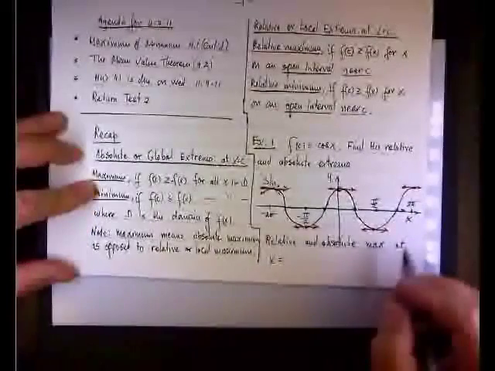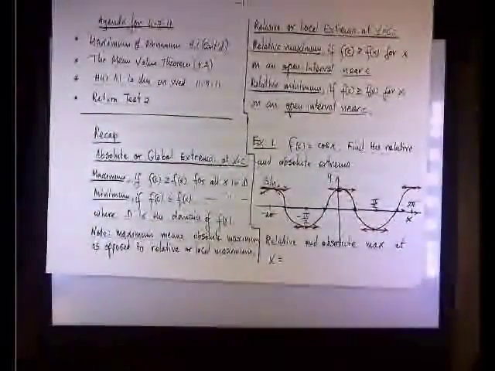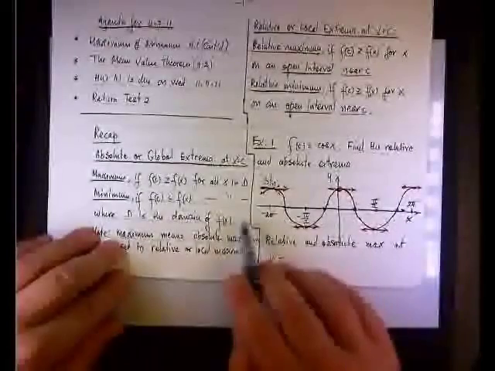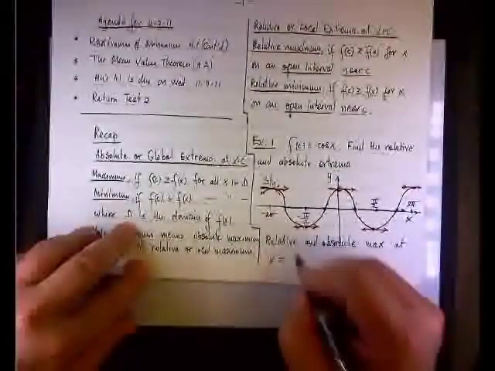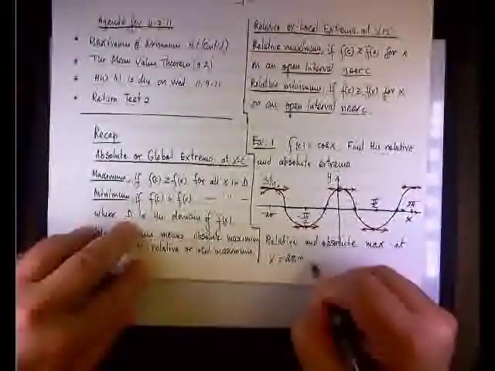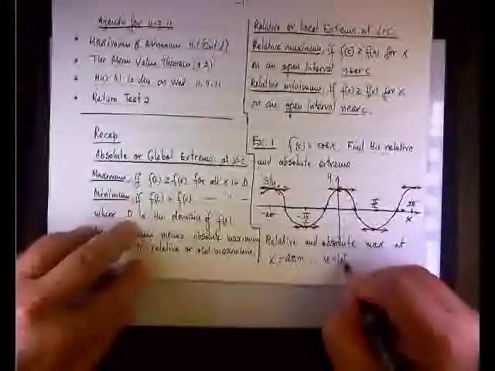at x equals, we start with 0, right? And we keep adding 2 pi, 4 pi, and so on, or we're subtracting 2 pi. So it will be negative 2 pi, negative 4 pi, and so on. So we're going to say that x equals 2 pi times n, where n is an integer.